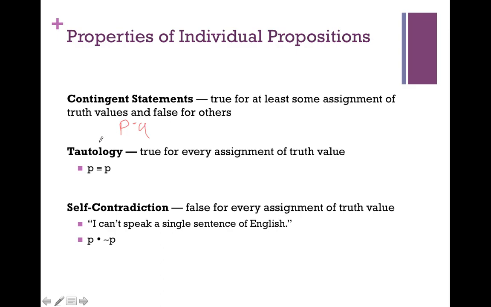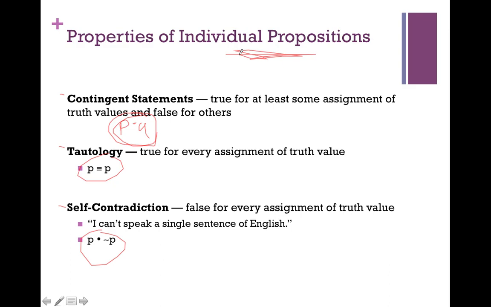But notice that with contingency, tautology, and self-contradiction, we're talking about properties of singular or individual propositions: P and Q, P if and only if P, P and not P. We're asking, what feature does this compound proposition have? Is it contingent, a tautology, or a self-contradiction? That's going to be important because later on we're going to be comparing compound propositions to one another. But right now we're focused on individual propositions.